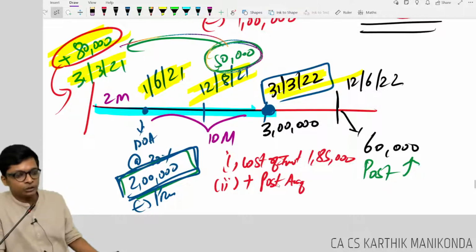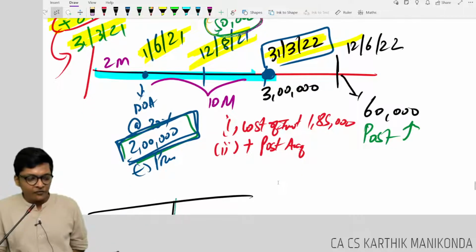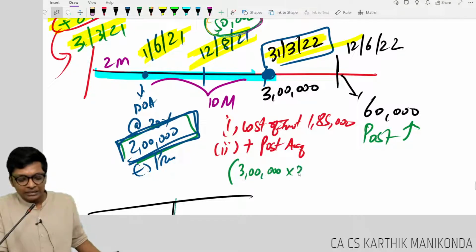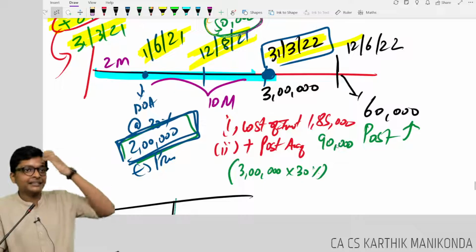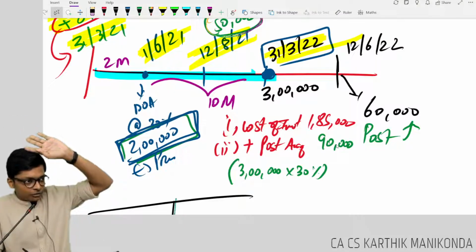Important to add post-acquisition. How much? Current year profit is 3 lakhs. So how much guys? 3 lakh into 30%. How much? 90,000. How many of you added like this? 3 lakh into 30%? Yes. Daneshwar? No.